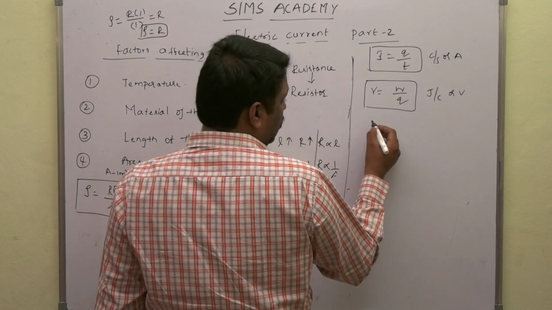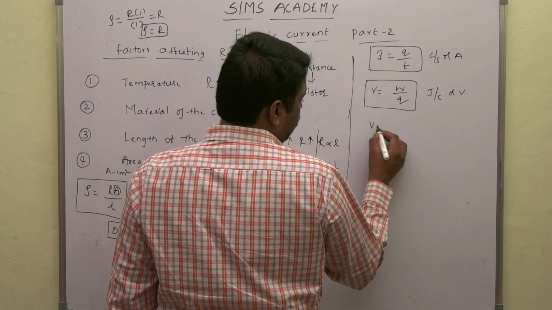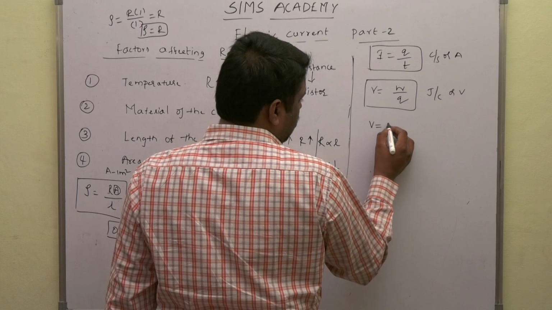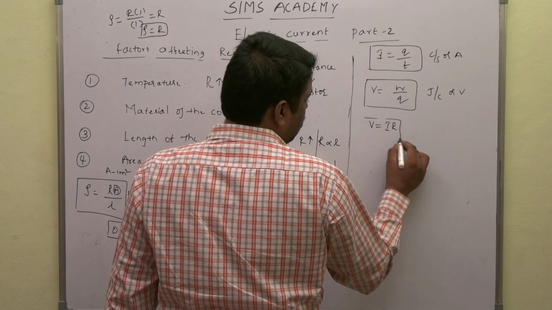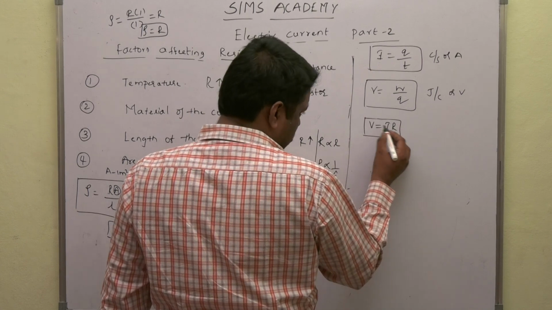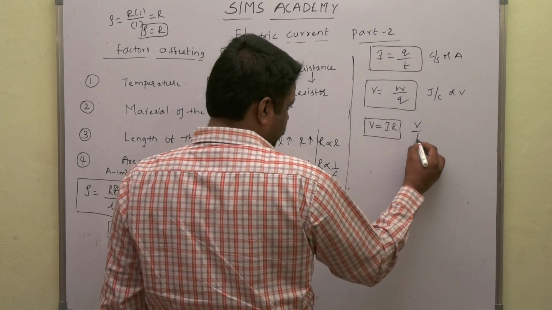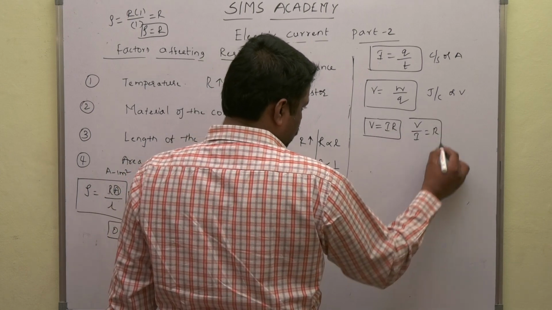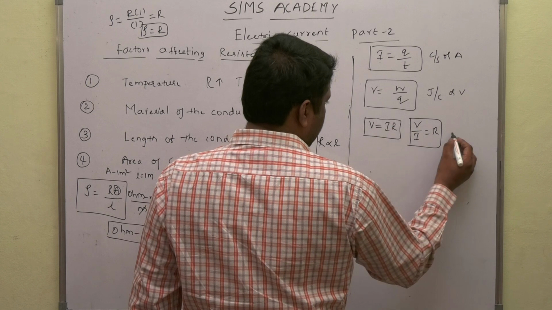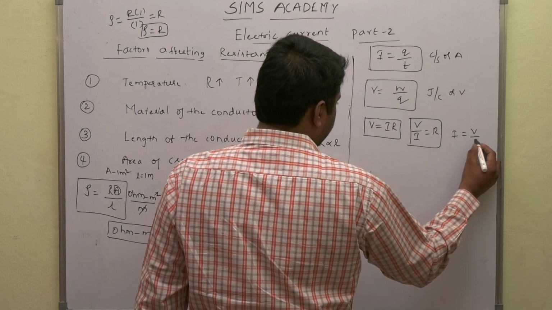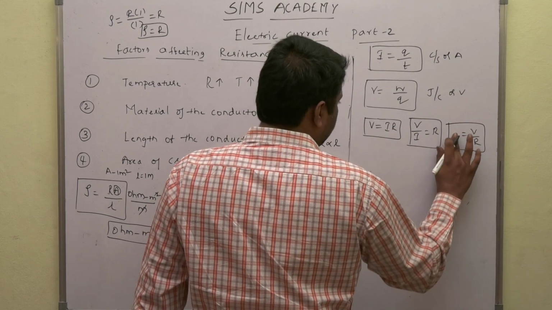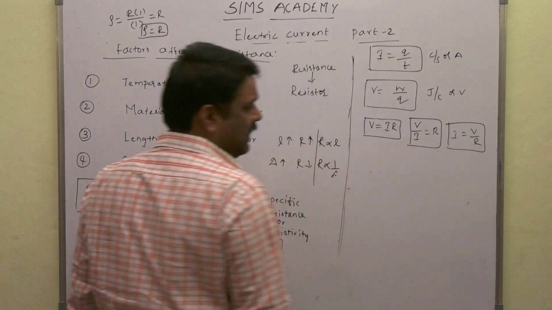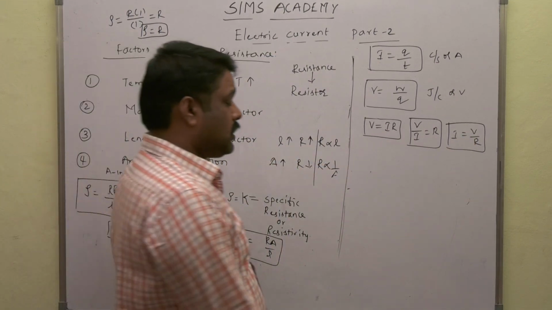Next we have Ohm's law, V equals IR, V by I equals R, I equals V by R. These are the different mathematical representations of Ohm's law.